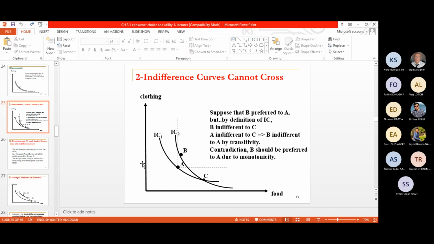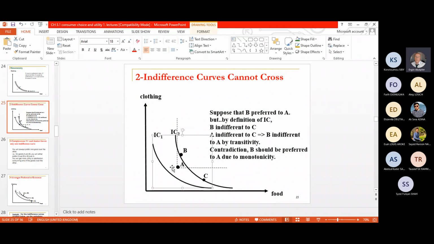Okay, it's okay, Professor. Now we are saying that the best combination is the one that is furthest from the origin. Yes. If we assume that there is no indifference curve 1, we have just indifference curve 2, and we have point B and point C. At this level, which combination would be the best?